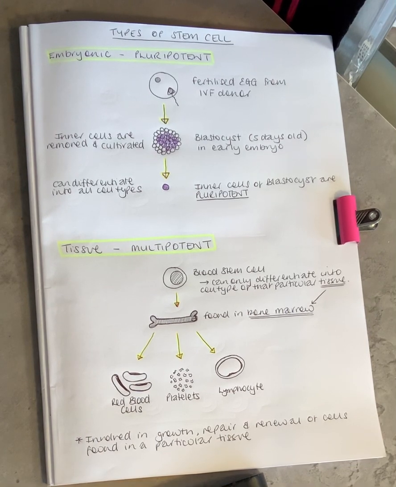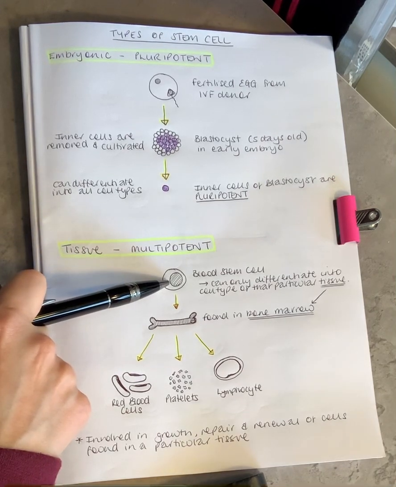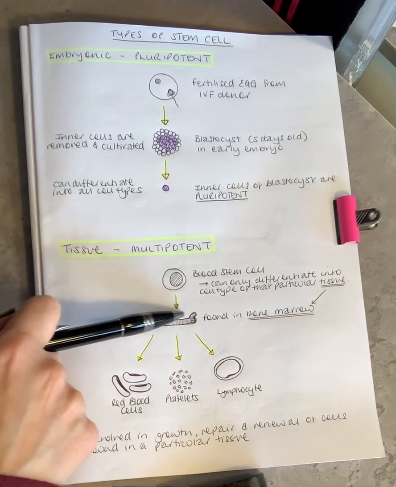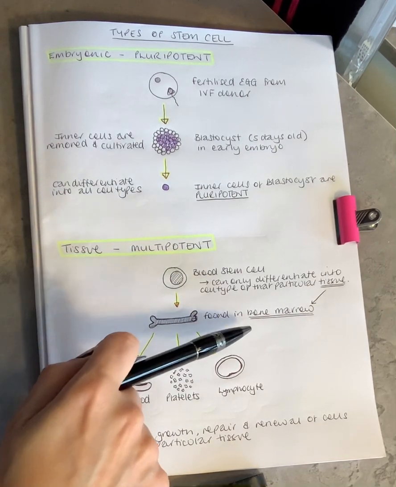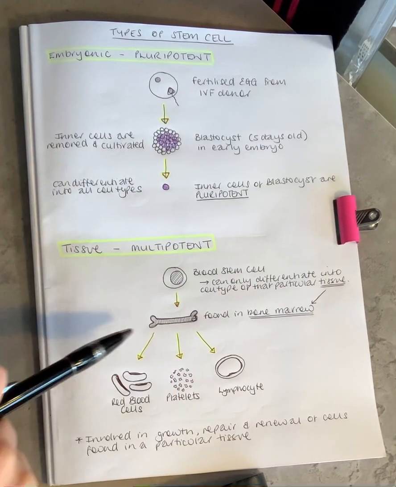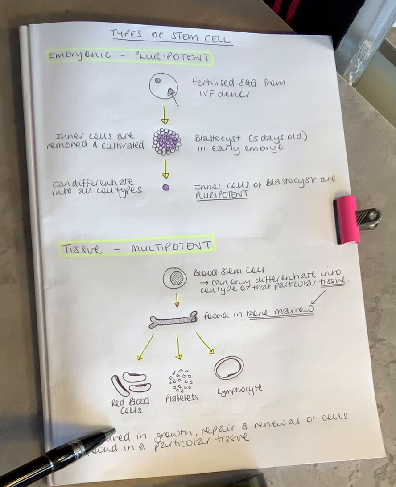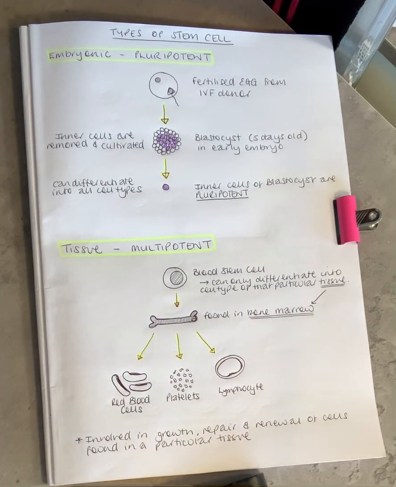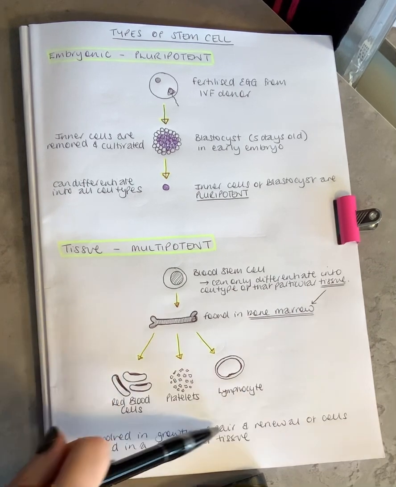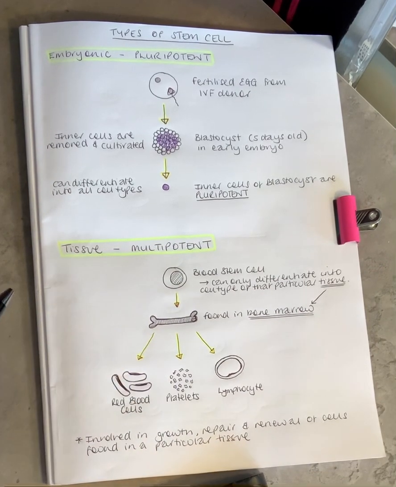So the tissue stem cell relates to the stem cells found within that individual tissue, and the tissue we're giving you as an example is bone marrow, which is where red blood cells originate from, or are grown and renewed. We get red blood cells and platelets.